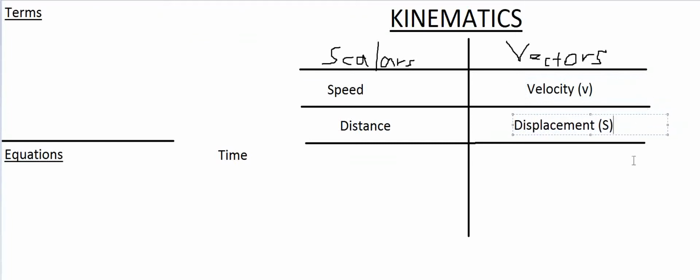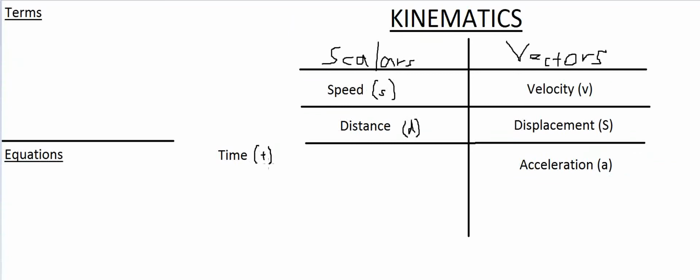There's one vector quantity that doesn't have a corresponding scalar quantity, and that is acceleration.